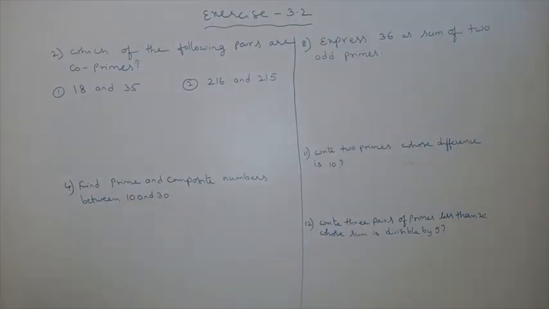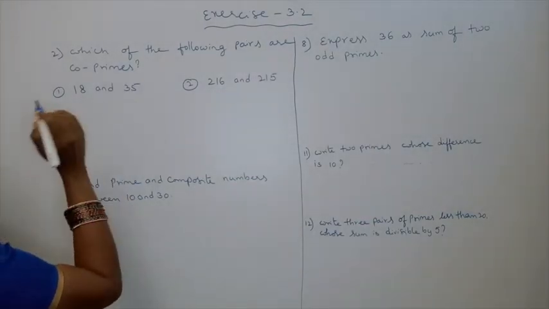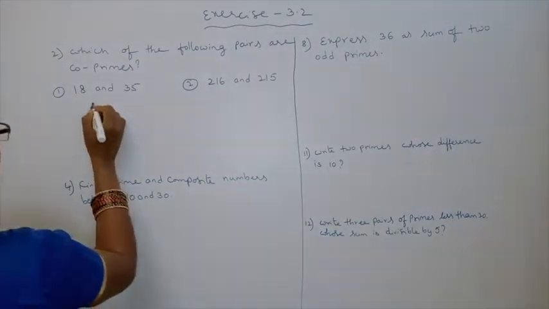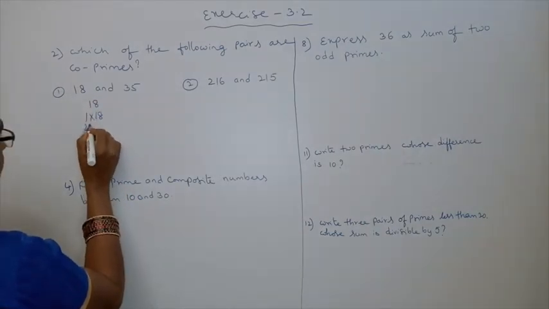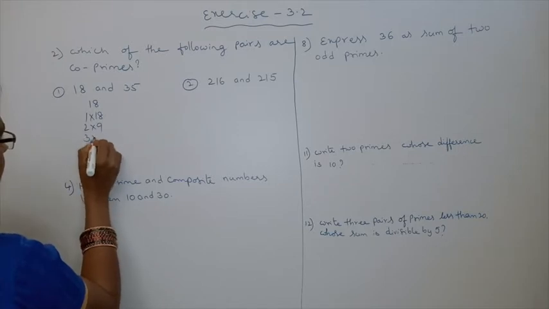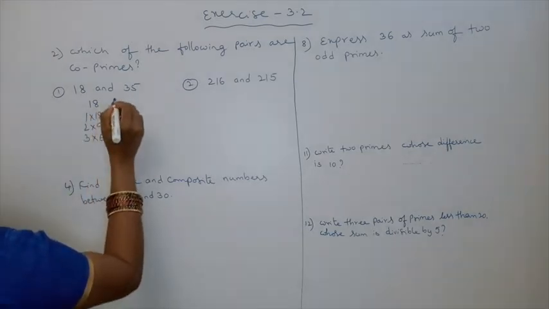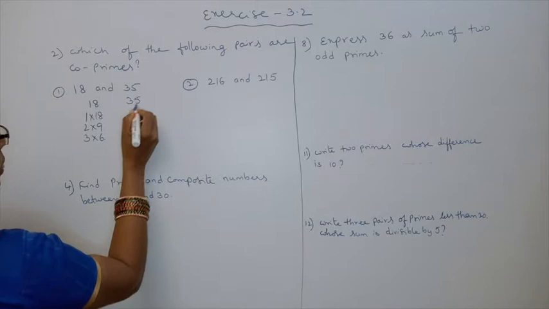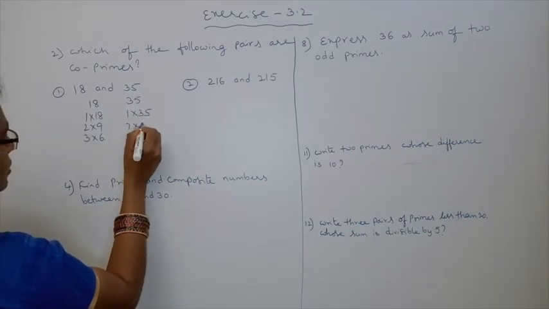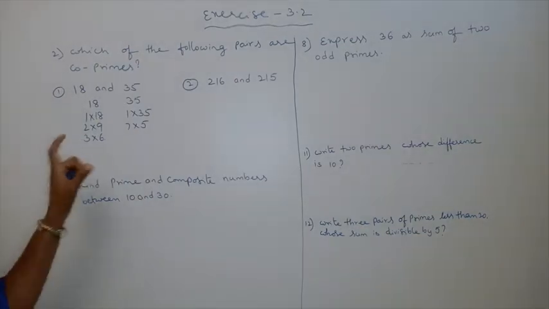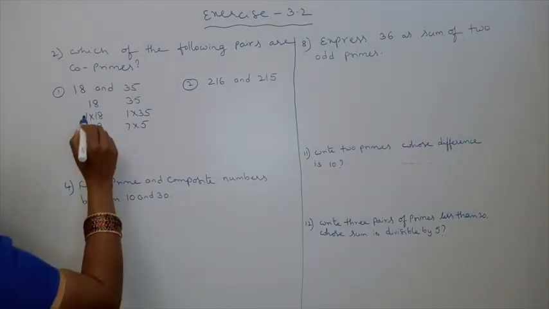Now see, what is the first question? 18, 35. What are the factors of 18? 1 18s, 2 9s, 3 6s. And 35: 1 35s, 7 5s. These are the factors of 18 and 35. What is the common factor?